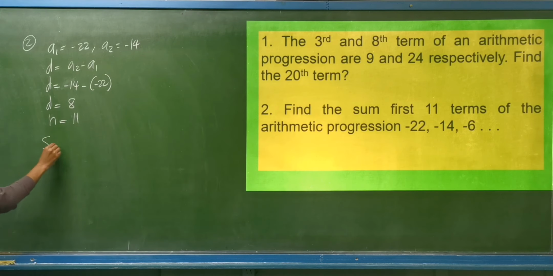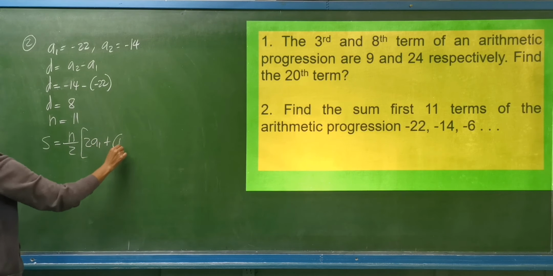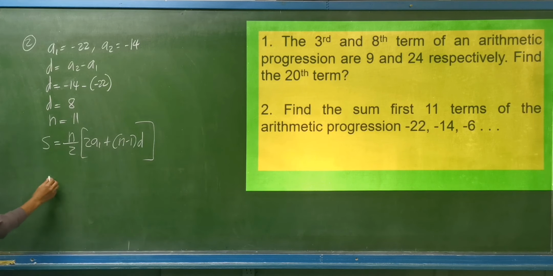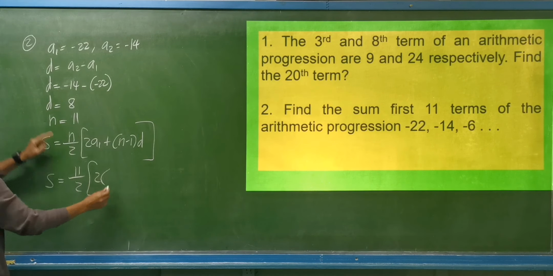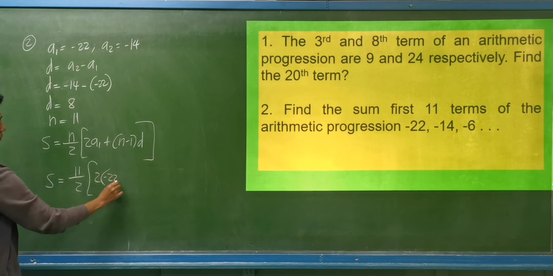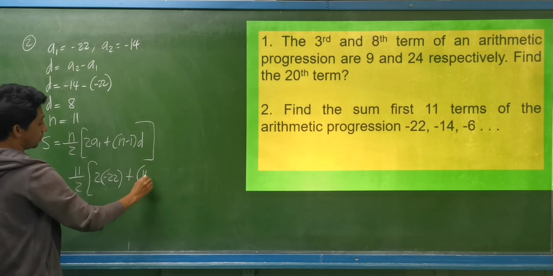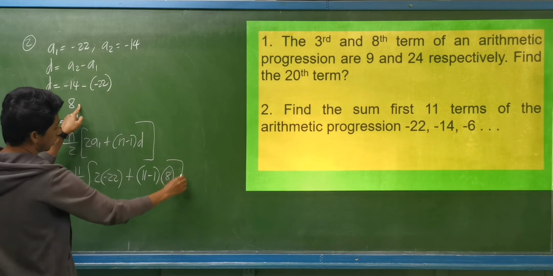Okay? And the number of terms required is 11. So we can have the summation as the number of terms over 2 multiplied by twice the first term plus n minus 1 times the common difference. So we'll be having the summation. How many terms? 11 over 2 multiplied by twice our first term, negative 22, plus the number of terms, 11 minus 1, times our common difference of positive 8.